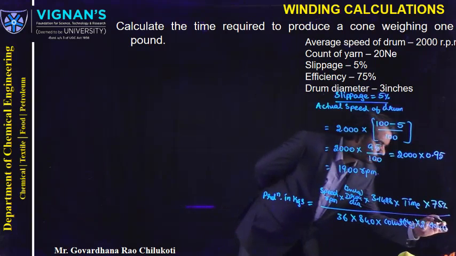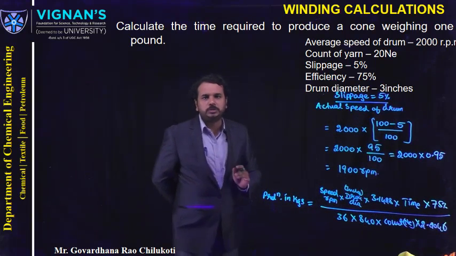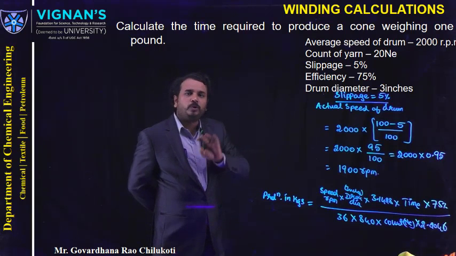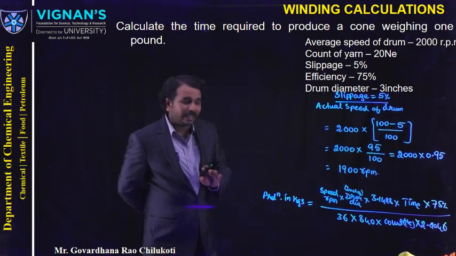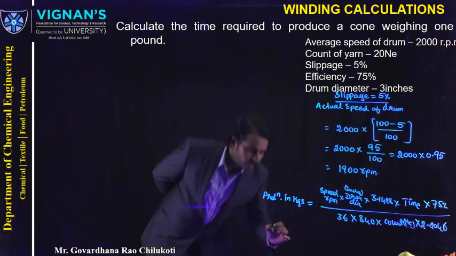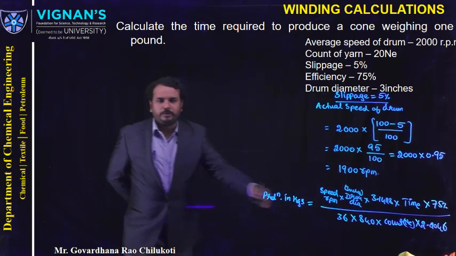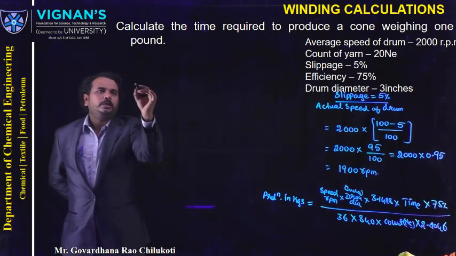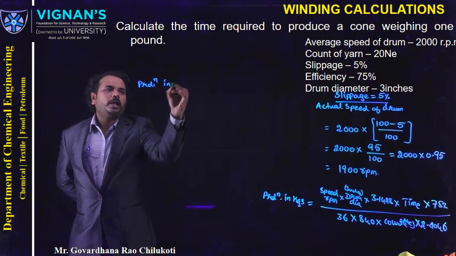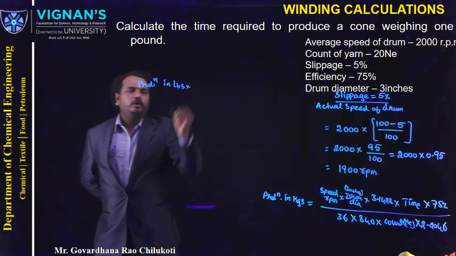So 2.2046 we are using to convert from lbs into kgs. If you don't want to convert, if you want only lbs, then what is the change in the formula? So I am writing here, you can see, the production in lbs.